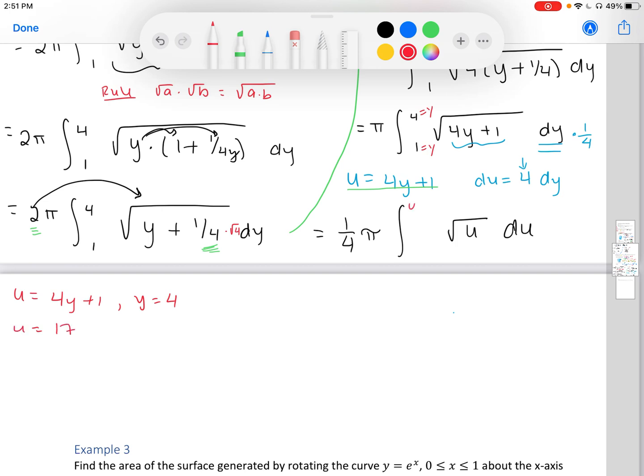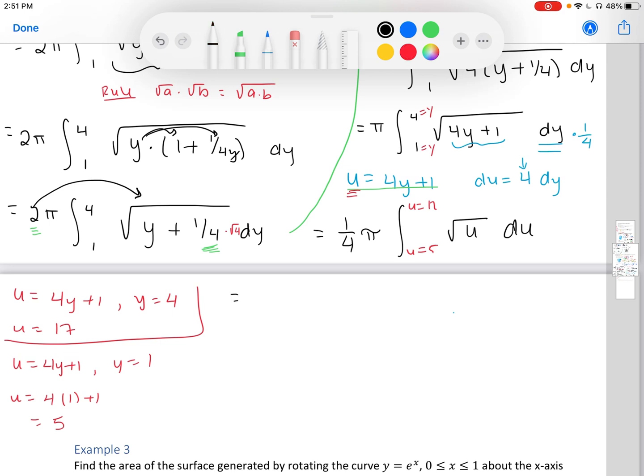And with y equals 1, we have 4 times 1 plus 1, we get 5. That way we don't have to replace the u after we integrate.